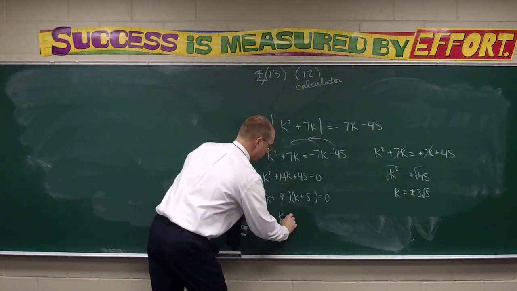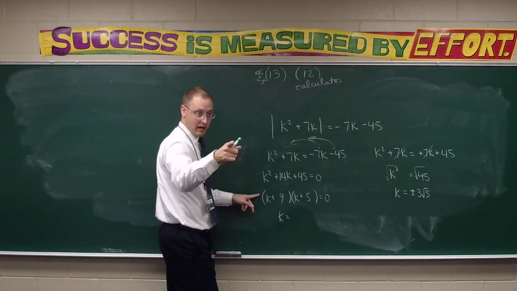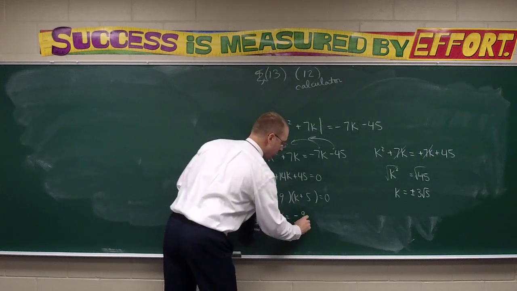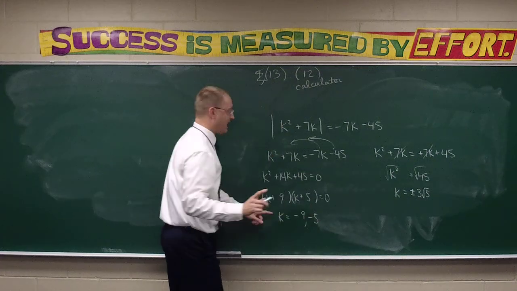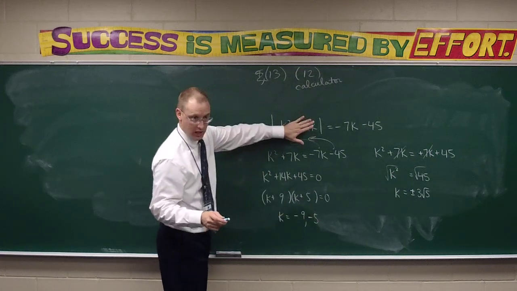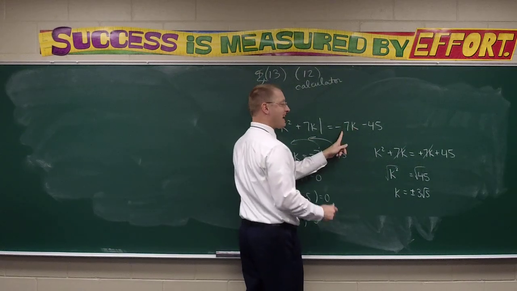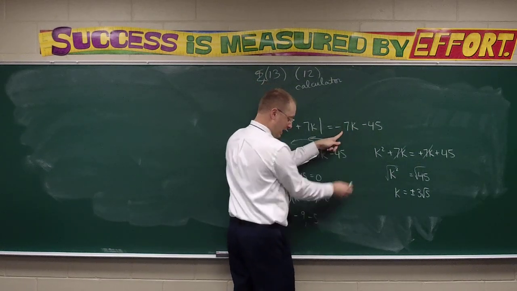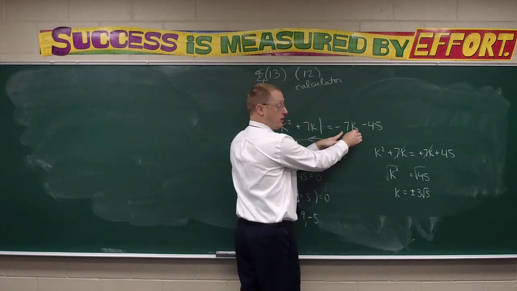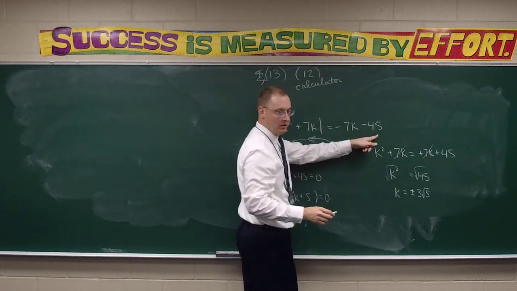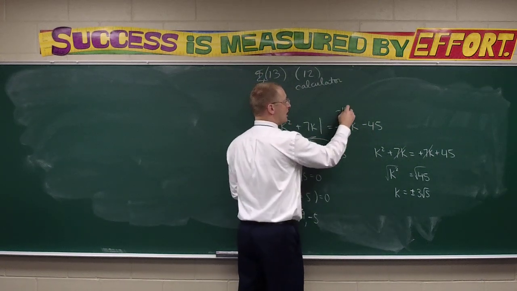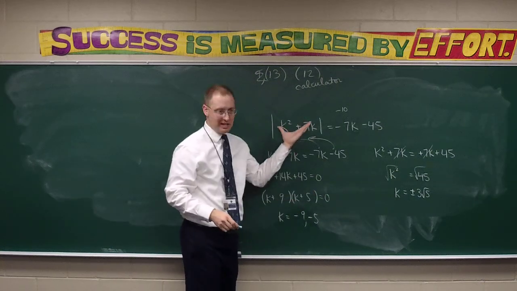Here I get two possible k values. What are my two k values here? Negative 9 and negative 5. Again, without even coming over here yet, if I plug in a negative 5 class, negative 7 times negative 5, positive 35. Negative 45 gives me a... There's no way absolute value is going to be negative, right?